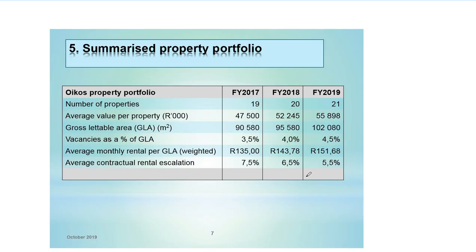The reason the escalation might be going down is that the vacancies are going up, so they are trying to make sure that people stay in their property. They are trying to assist the retailers who are renting from them to be able to stay in the market by not increasing the rent by so much.